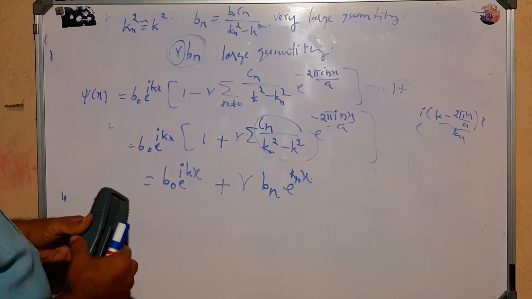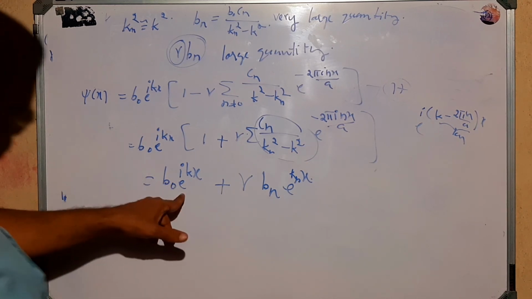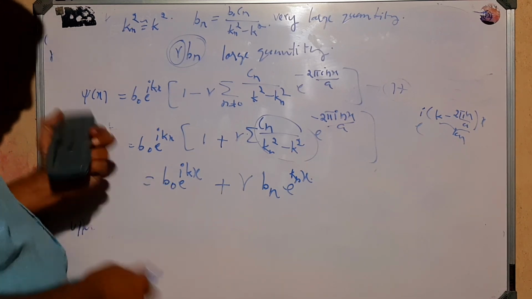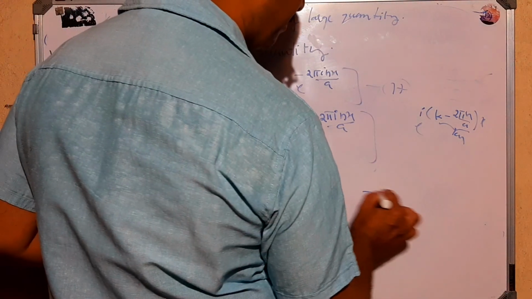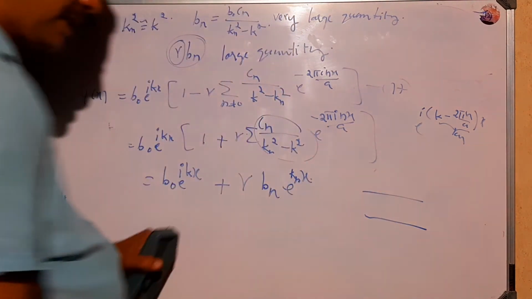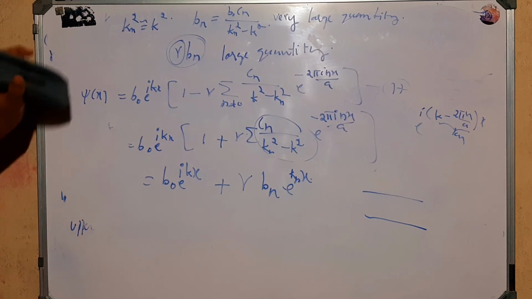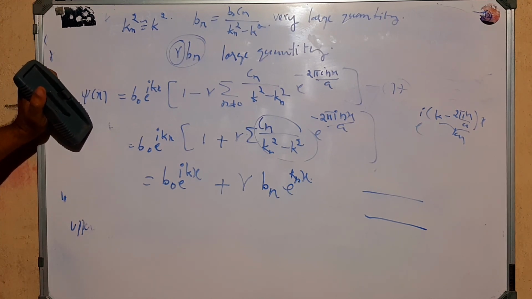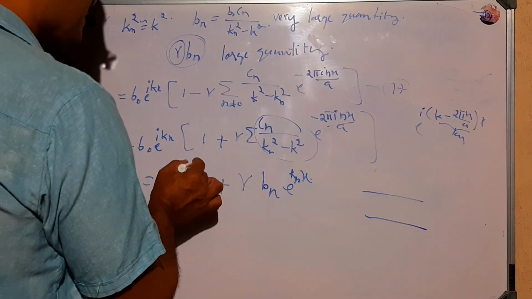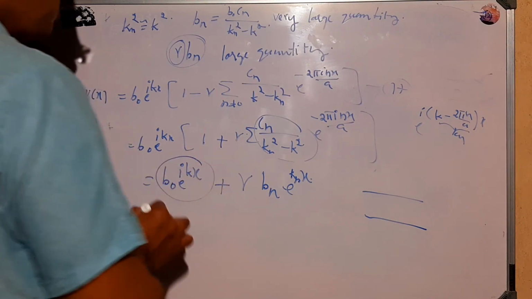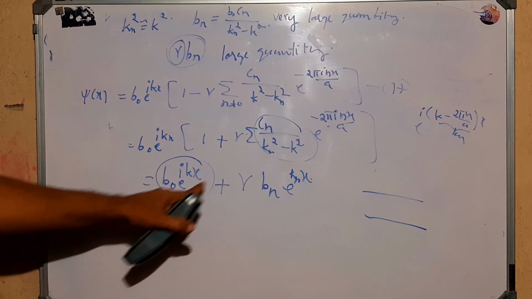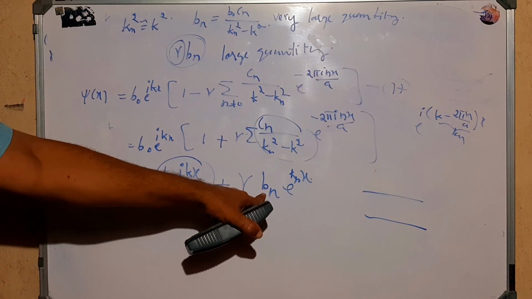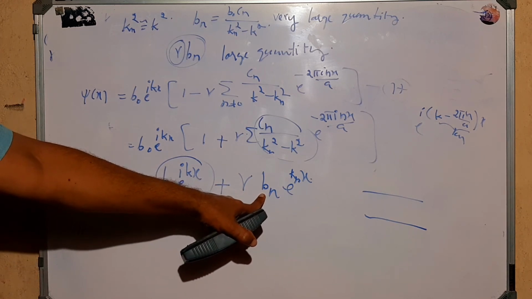The electron is a material particle, so it behaves like a matter wave. One term represents the forward moving wave, and another is added which is moving in the reverse direction.